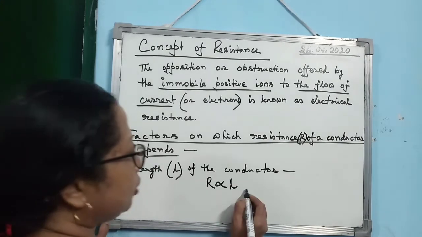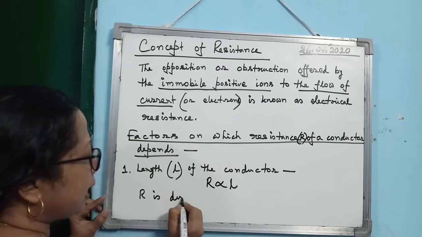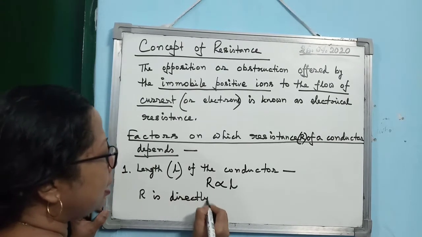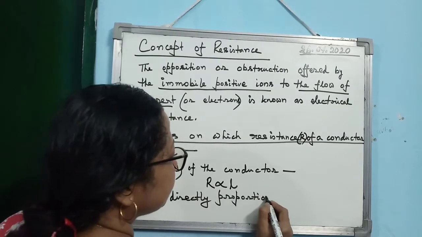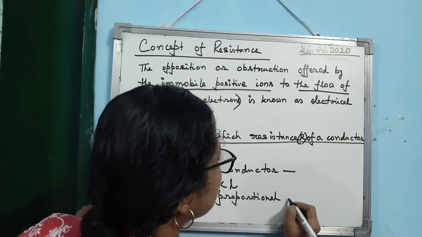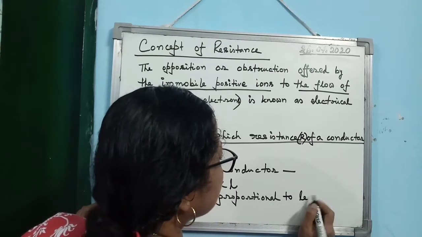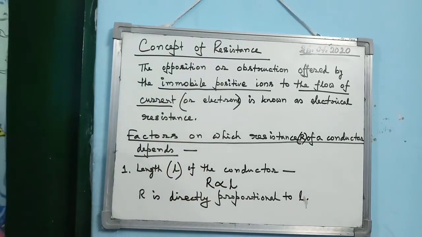In a sentence, you should write R is directly proportional to length. I am writing R proportional to L, because it is understood L is length.